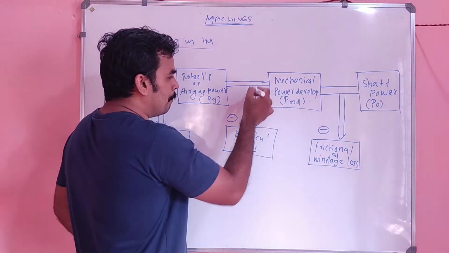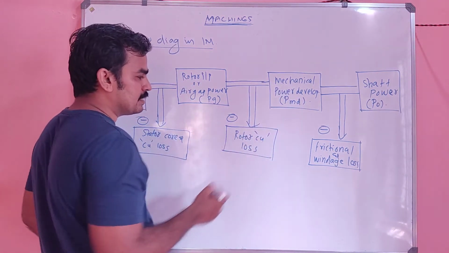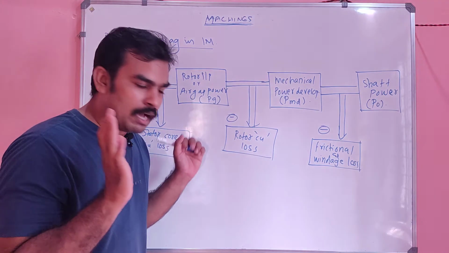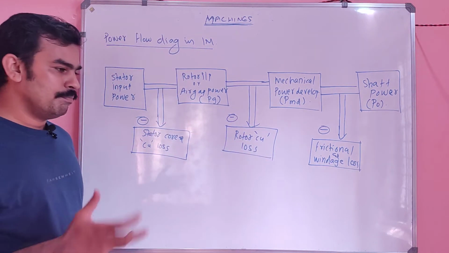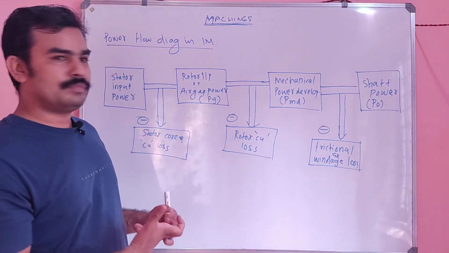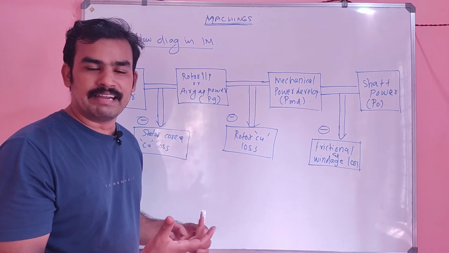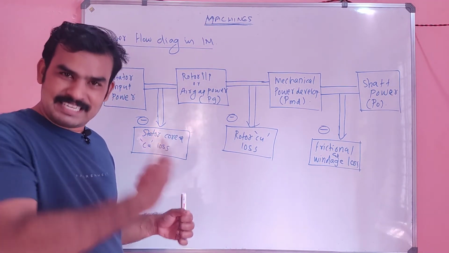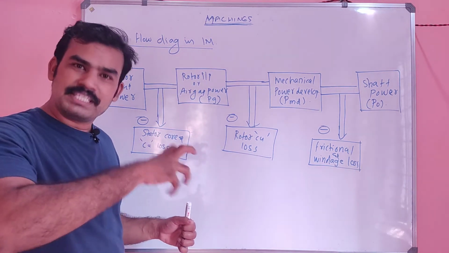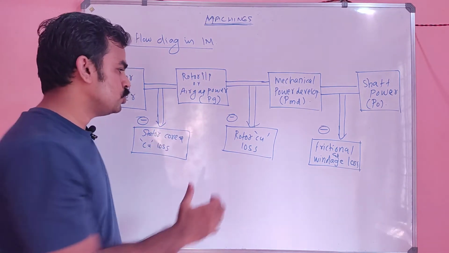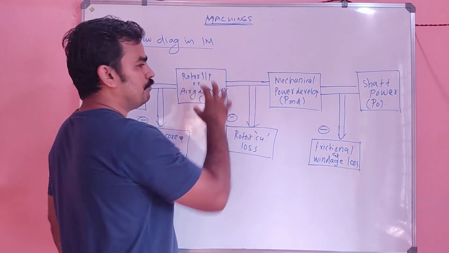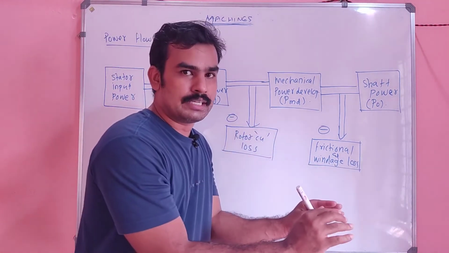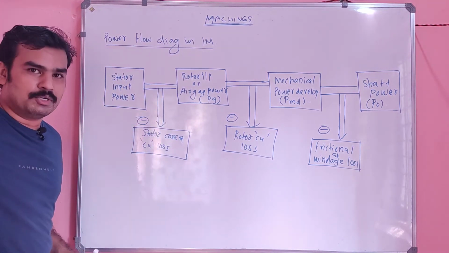And again, minus that air gap power. Not the whole power can be converted into the rotation in the rotor, correct? Because we have to overcome the rotor resistance, so there will be some rotor resistance loss. That rotor copper loss will be there. So from the power injected to the rotor side, there will be some rotor copper loss.